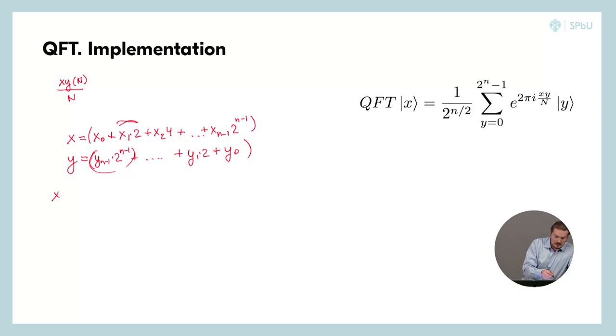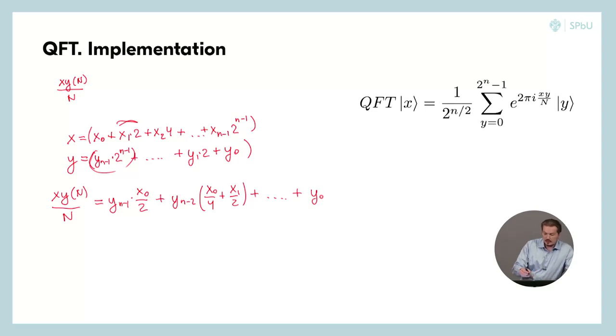And the thing that stays in this product is y_{n-1} multiplied by x0 divided by 2, plus y_{n-2} multiplied by (x0 divided by 4 plus x1 divided by 2), etc., y0 multiplied by (x0 divided by 2 to the power n plus x1 divided by 2 to the power n minus 1, etc., up to x_{n-1} divided by 2).